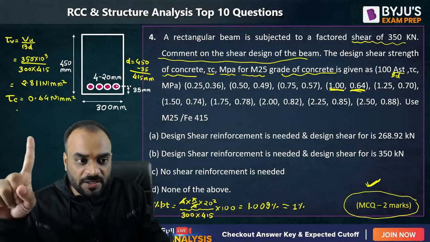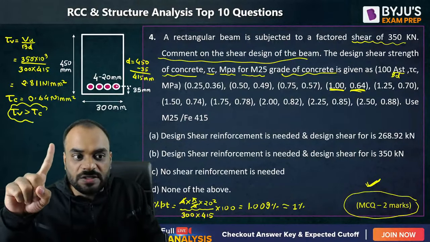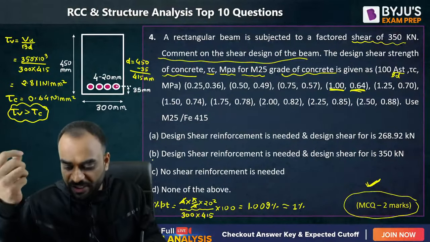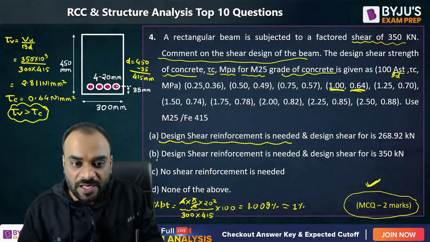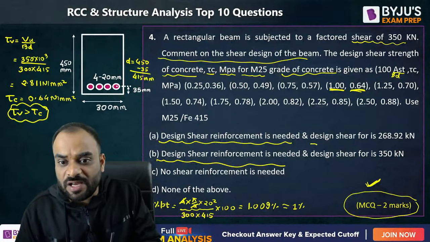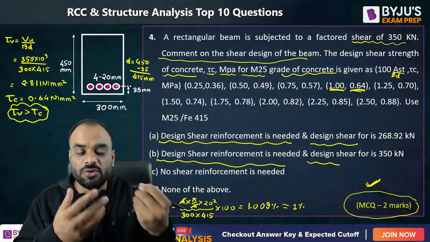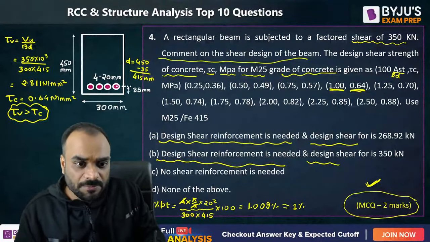So you know that, guys, if tau v is greater than tau c, we need to design the shear reinforcement. So either first statement is correct or second statement is correct. Now we need to check what is the value of design shear force, for which we need to design the shear reinforcement. Very simple.